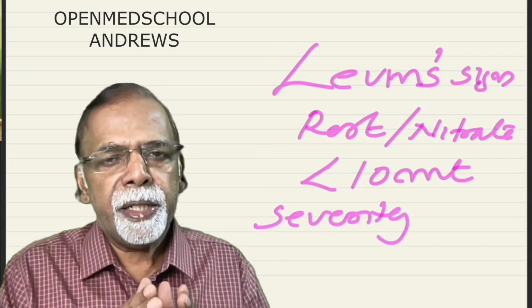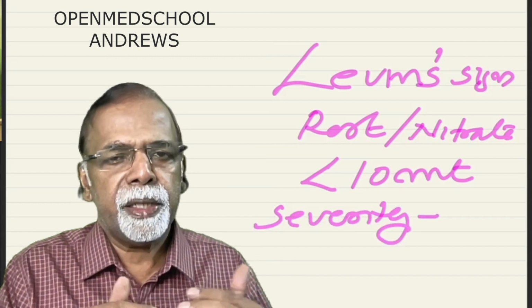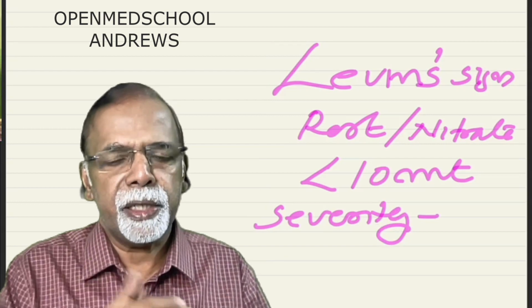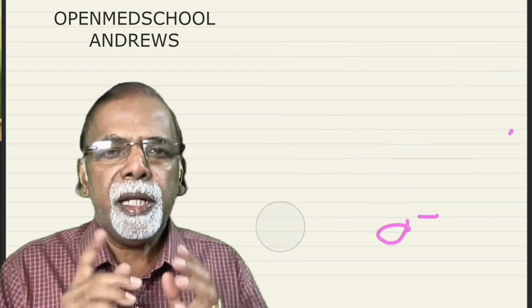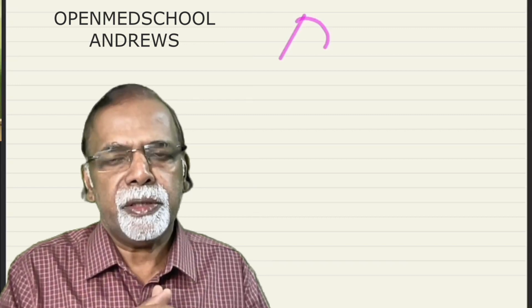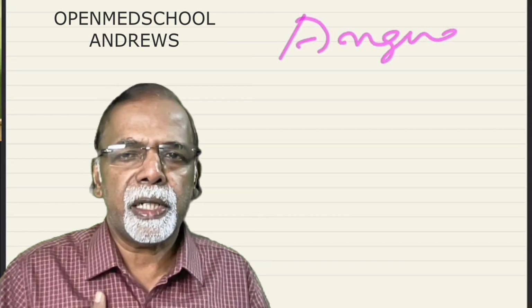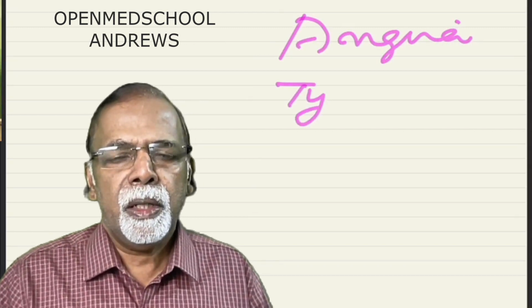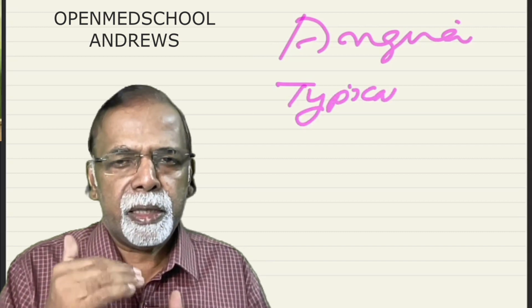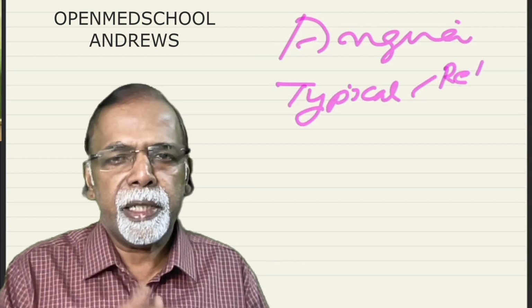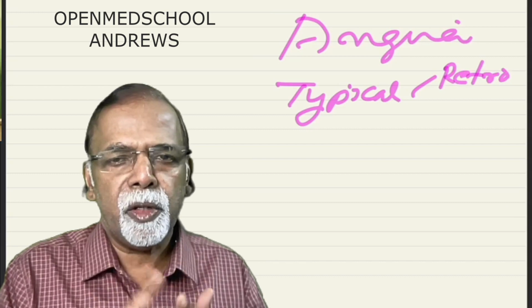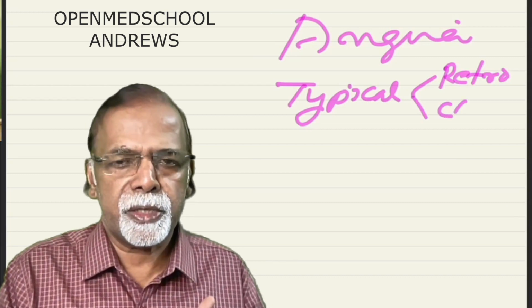Anginal pain can be divided into typical angina, atypical angina, and non-anginal chest pain. Typical angina has three cardinal features. One, it is retrosternal chest discomfort of the classic character that I have described. Second, it is provoked by exertion or emotional stress.